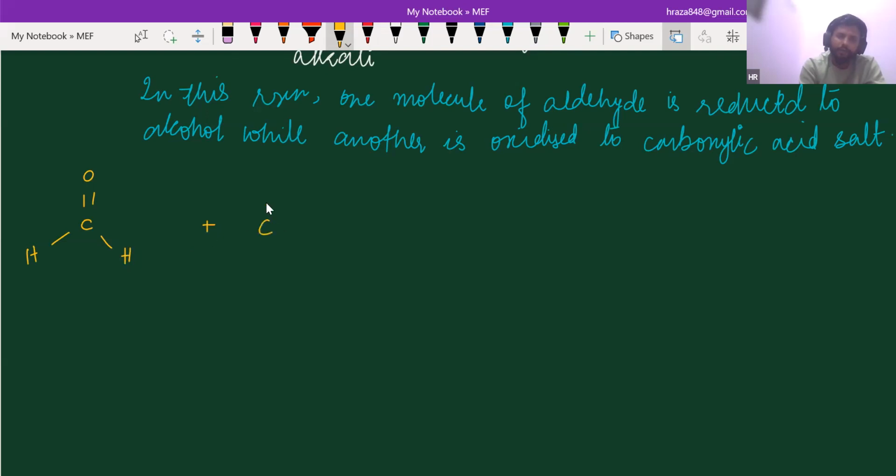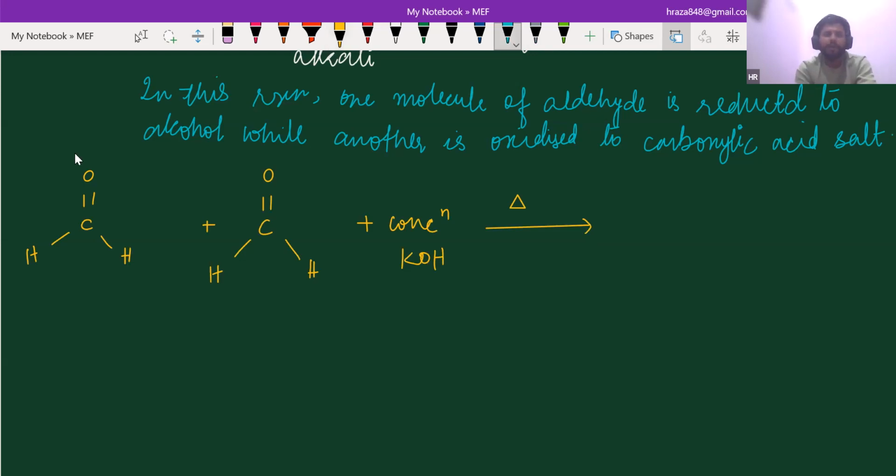You are going to take 2 moles of the same, with concentrated KOH. Can you tell me whether alpha hydrogen is present in this or not?